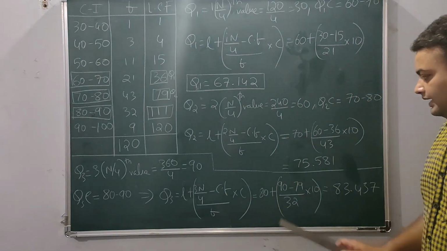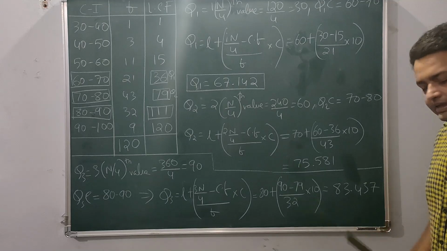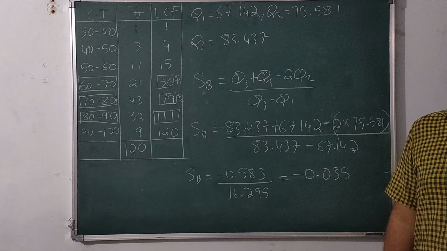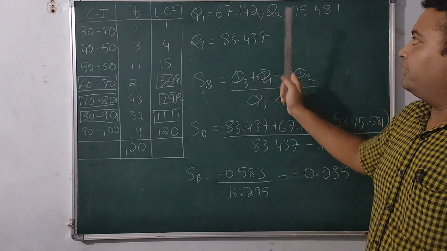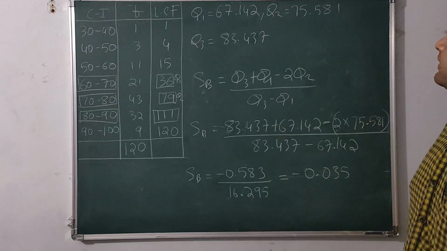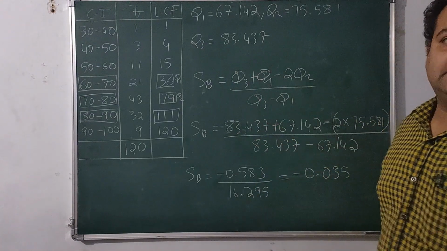So therefore 80 plus 90 minus 79 divided by 32 into 10, that is 80 plus 3.437, which results to 83.437. So we have our Q1 value as 67.142, Q2 value as 75.581, and Q3 equal to 83.437.